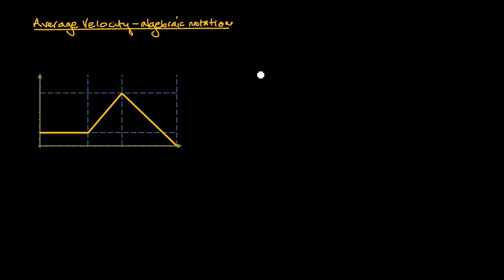So what we can write here is that the average velocity is equal to the change, and we can notate this with a delta symbol. That's very common, particularly in physics. So the change in distance, well, distance is on the y-axis or the vertical axis here. Instead of y, we'll use s.